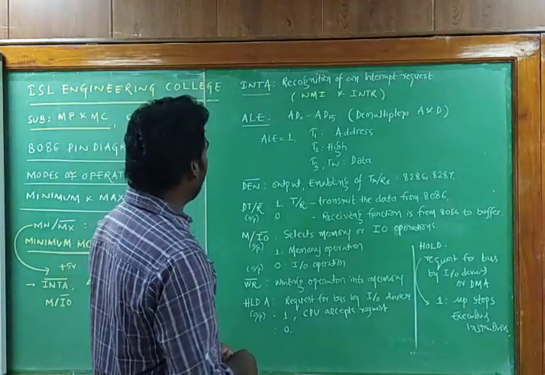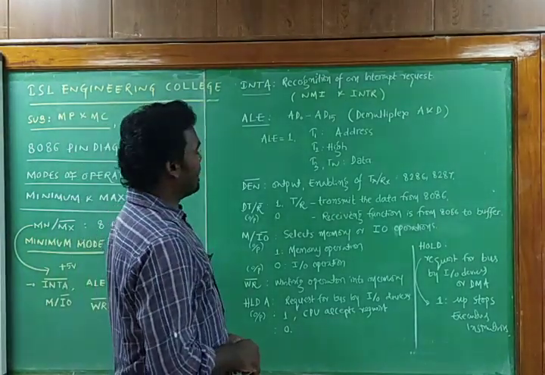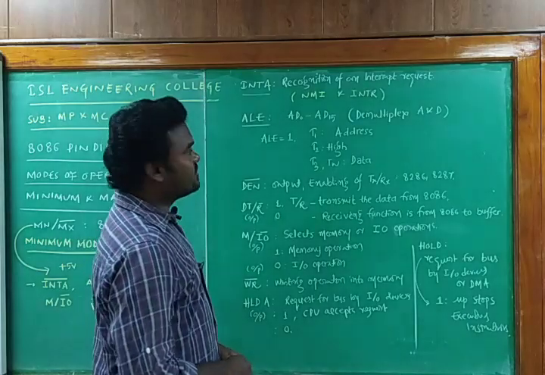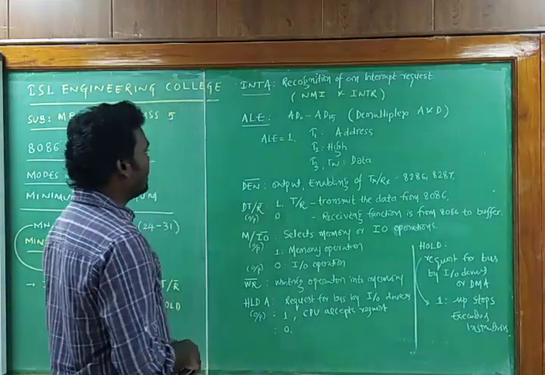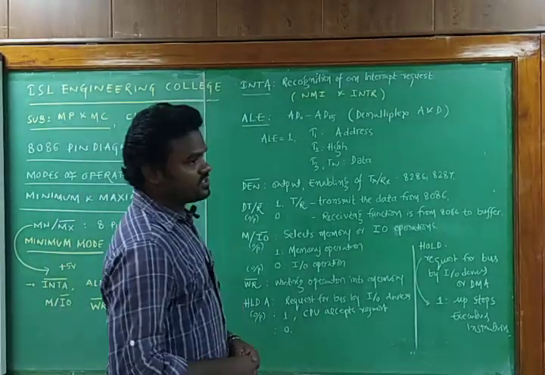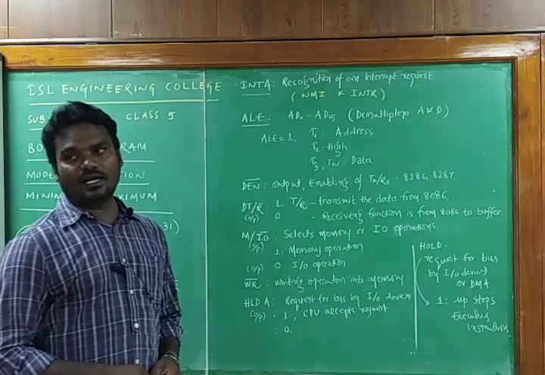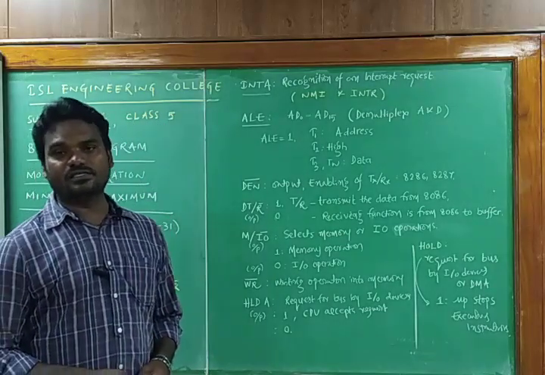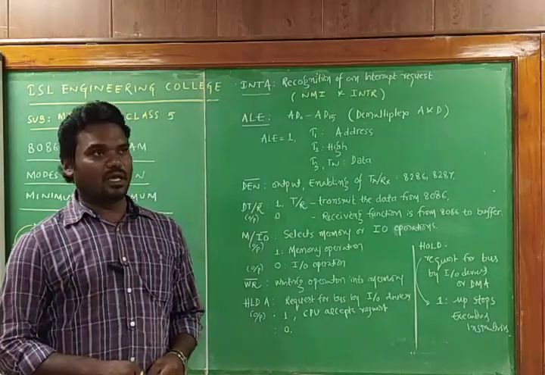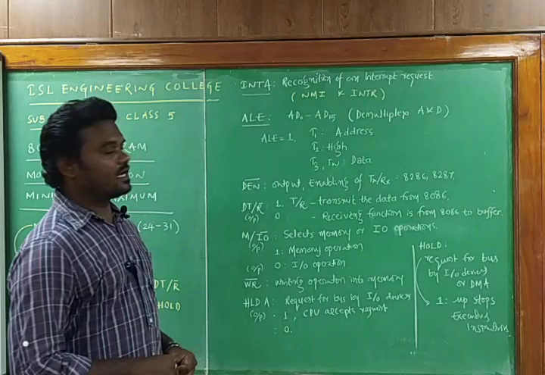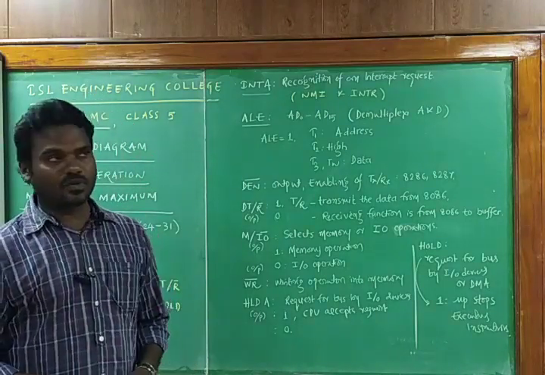The first pin is interrupt acknowledge. This is an active low signal, which is an output signal of the 8086 microprocessor. It indicates the recognition of an interrupt request. The 8086 microprocessor can accept two interrupts: one is the non-maskable interrupt, and the other is the maskable interrupt, that is the INTR signal.